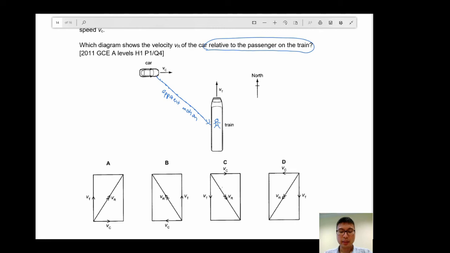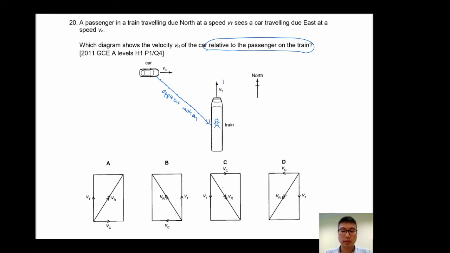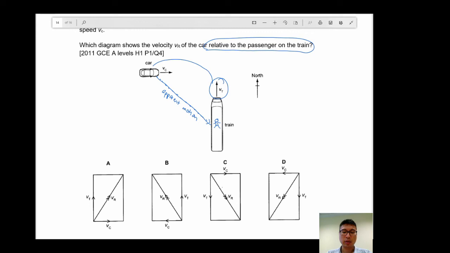How do we obtain this apparent motion? What I'm going to do is consider myself stationary. When I'm on the train, I don't feel like I'm moving at all. I'm going to transfer my train's velocity to the car. So if my train is moving forward, it appears as though the car is moving backwards. So my transferred velocity, when I transfer it over to the car, will be in the opposite direction.